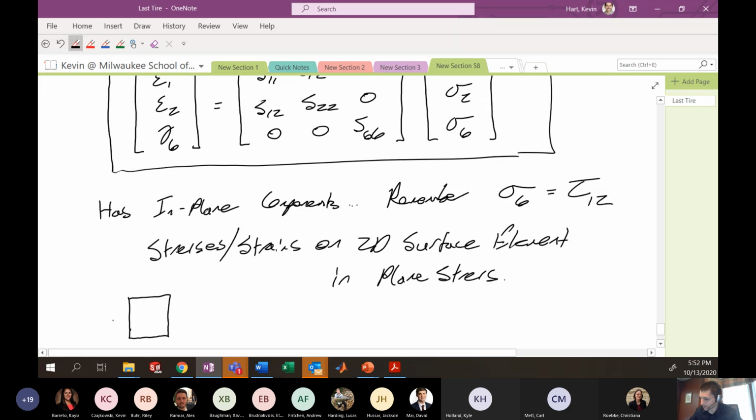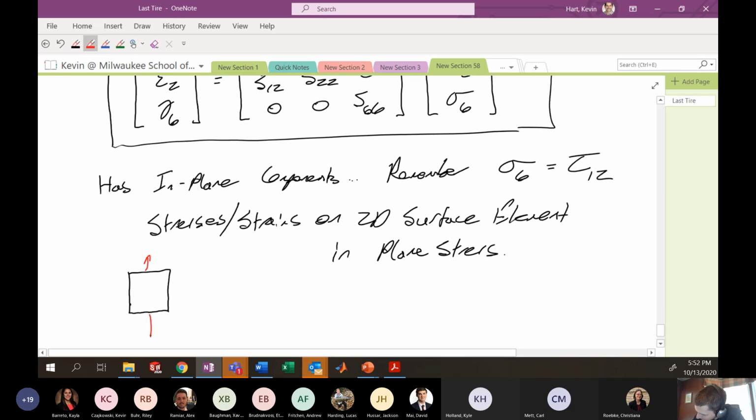My hand is getting tired. This is sigma 1, sigma 2, and you have shear stress in the plane, where this component here is your sigma 6. So we're looking at this two-dimensional surface element and representing it with this plane stress behavior. All right, so we went a little bit over today. Sorry about that.